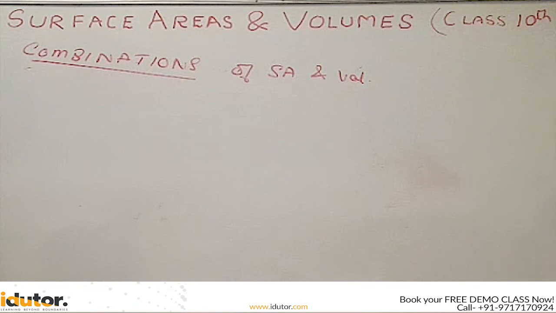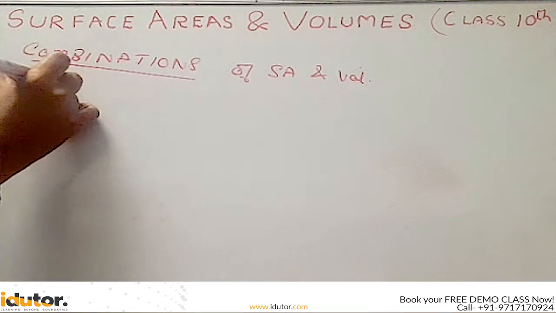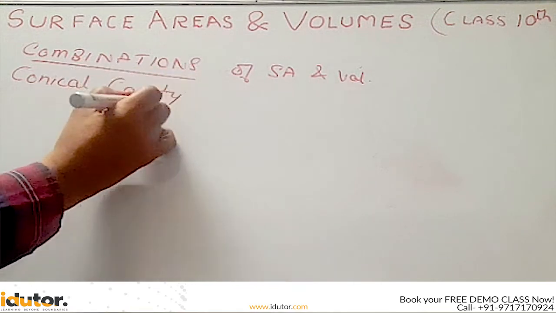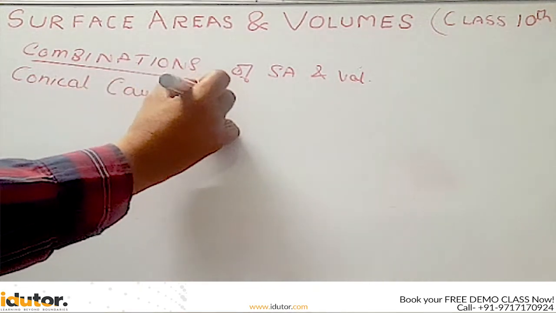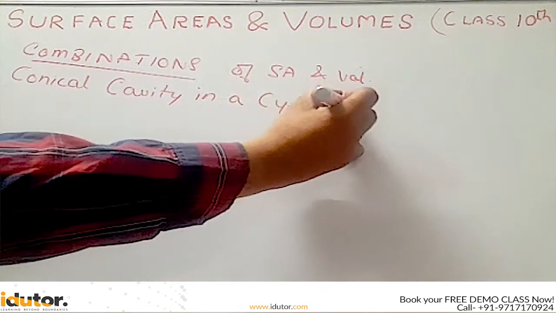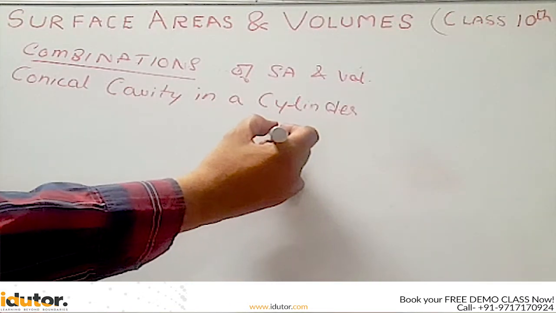Here there is not an attachment but a cavity. We can say that it is a conical cavity in a cylinder. So let us make a cylinder first and then make a cavity.